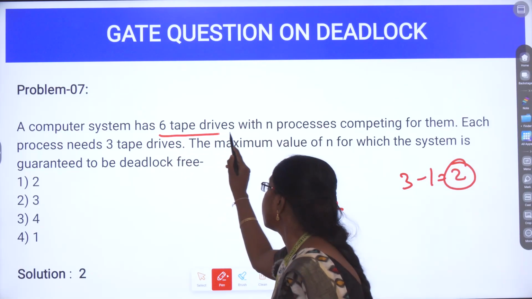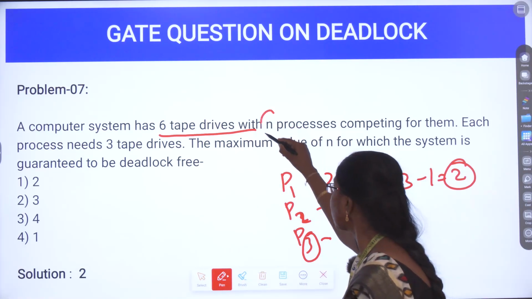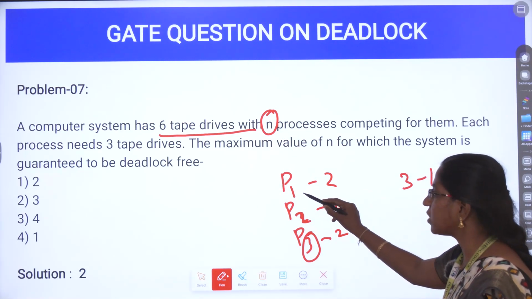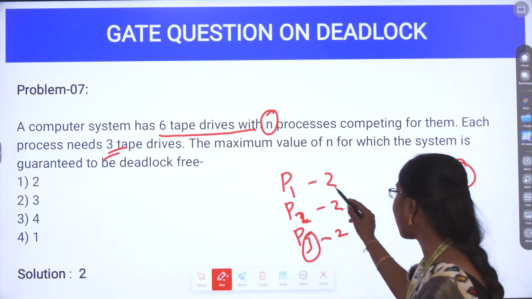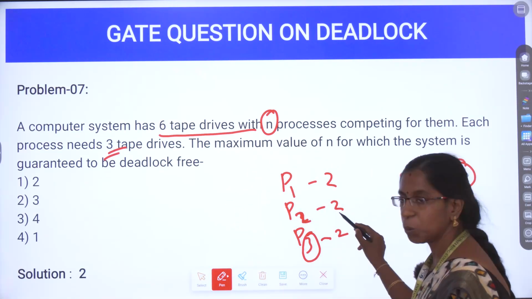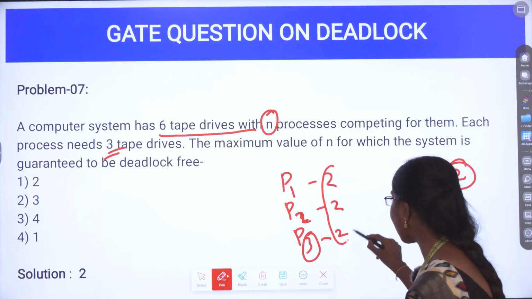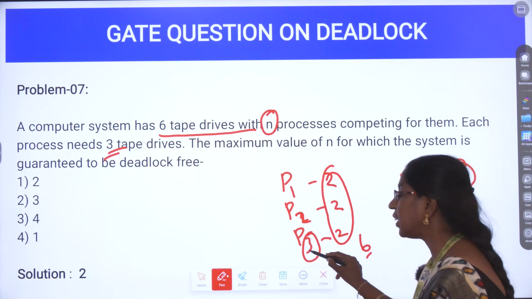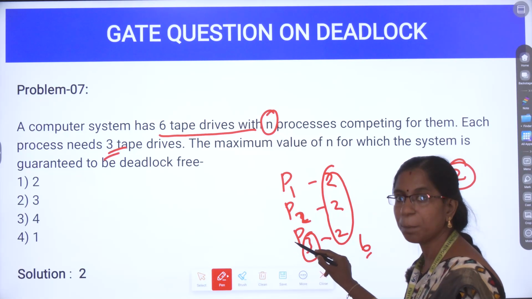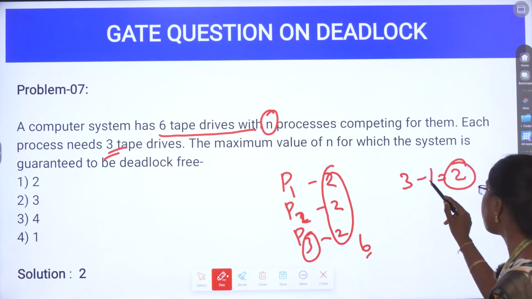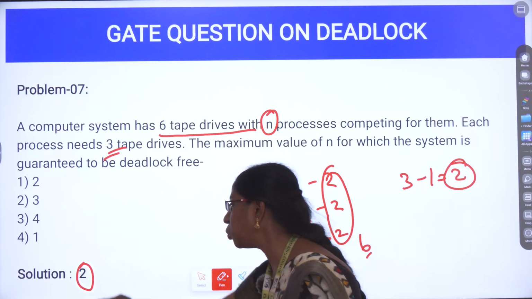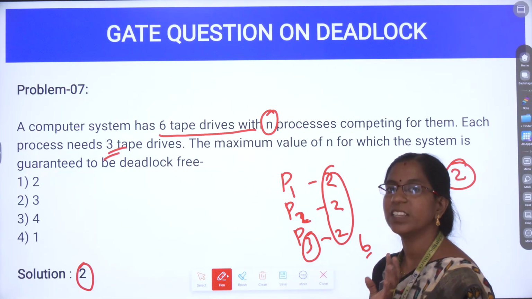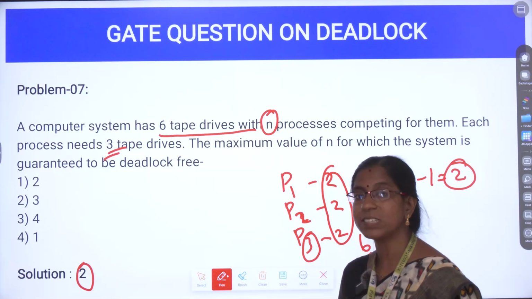For 6 tape drives and n processes, the first process has 3 resources, 3 minus 1, 2, P2, 2, P3, 2. Totally we get 6. The answer is 2. If I am having a maximum of 2 processes, then there is no deadlock.